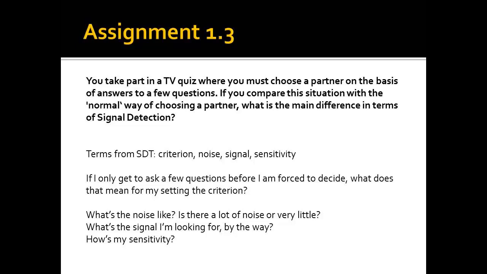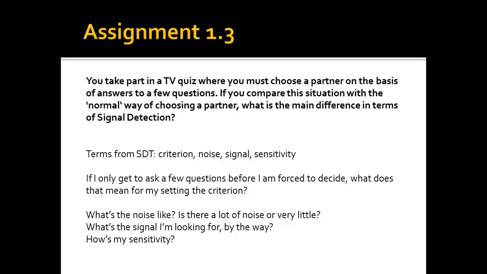So somewhere in their answer, there is something that tells me about how good of a partner they would be, right? That's the signal. But there's also noise, and noise is everything else that's in their answer that's irrelevant.